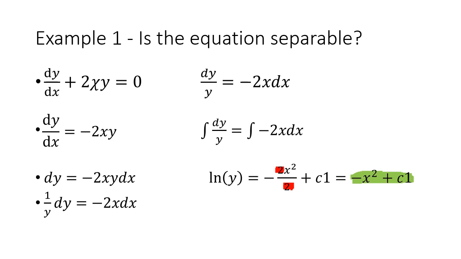What we do next, well, in order to solve this equation we need to get the values of y. So how do we do that? How do we take the y out of the natural logarithm? Well, we just apply Euler's number to both sides of the equation, so we end up with this expression.